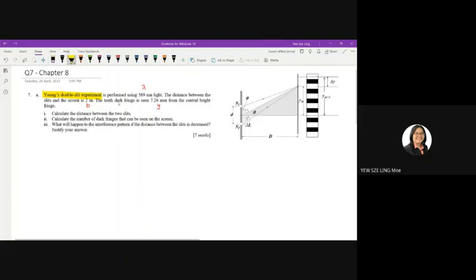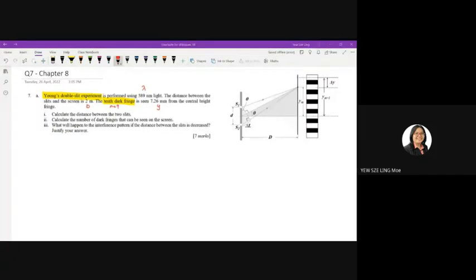The question is, what does it mean by tenth dark fringe? By looking at the name of the experiment, Young double slit experiment, you know that this is the double slit interference. In double slit interference, the tenth dark fringe represents the 9th order dark fringe.